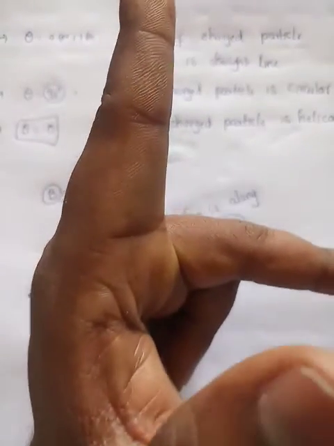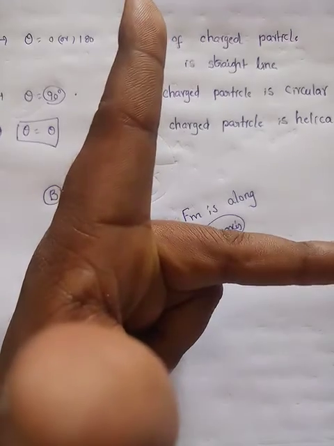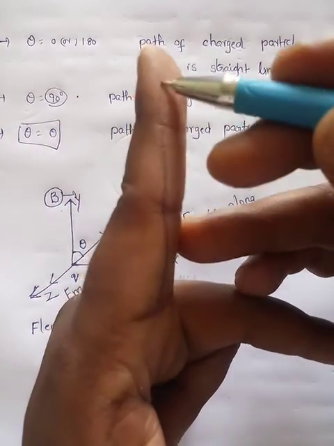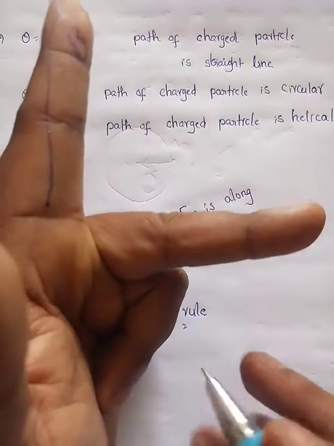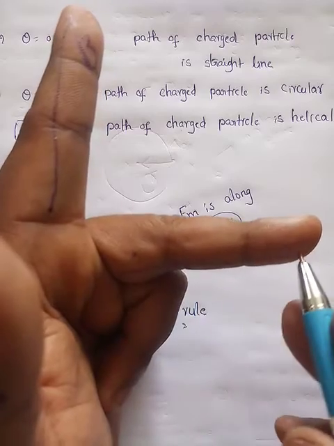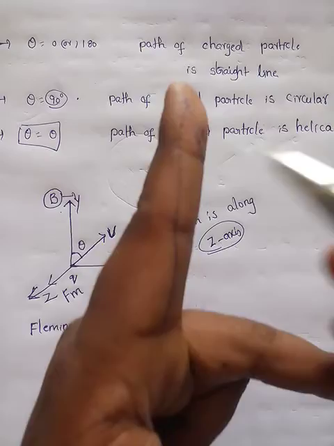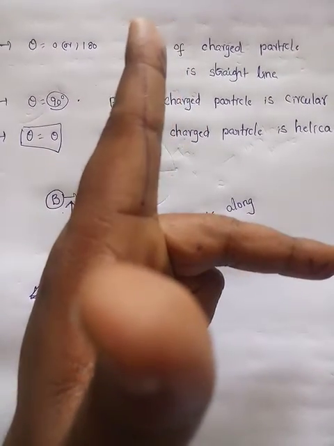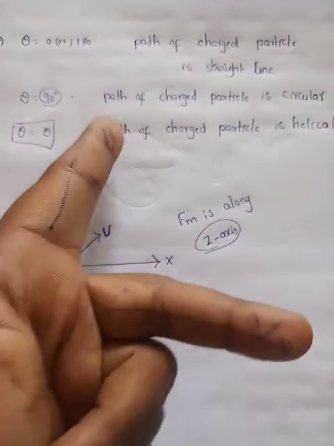The forefinger represents the direction of magnetic field, and the middle finger represents the direction of charged particle velocity. Then the thumb points the direction of magnetic force.